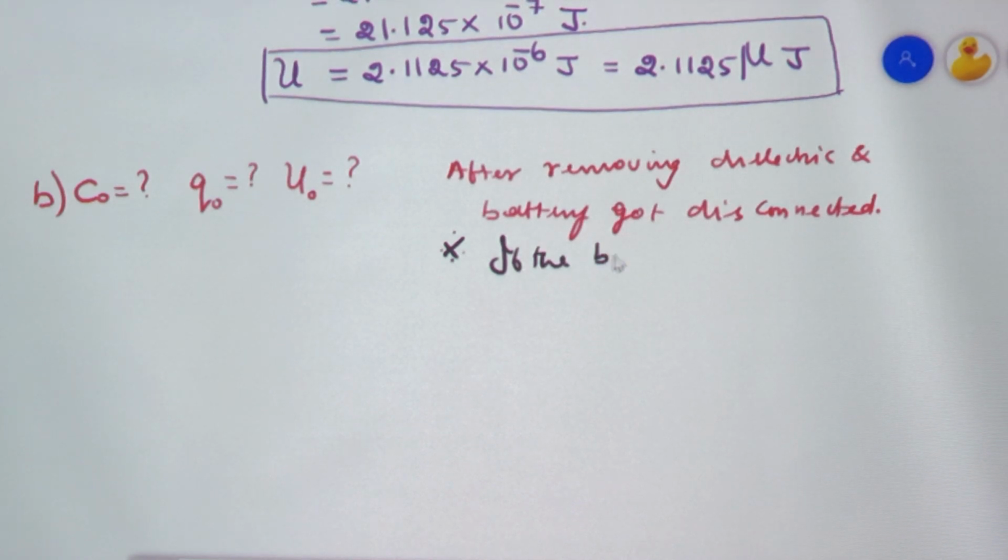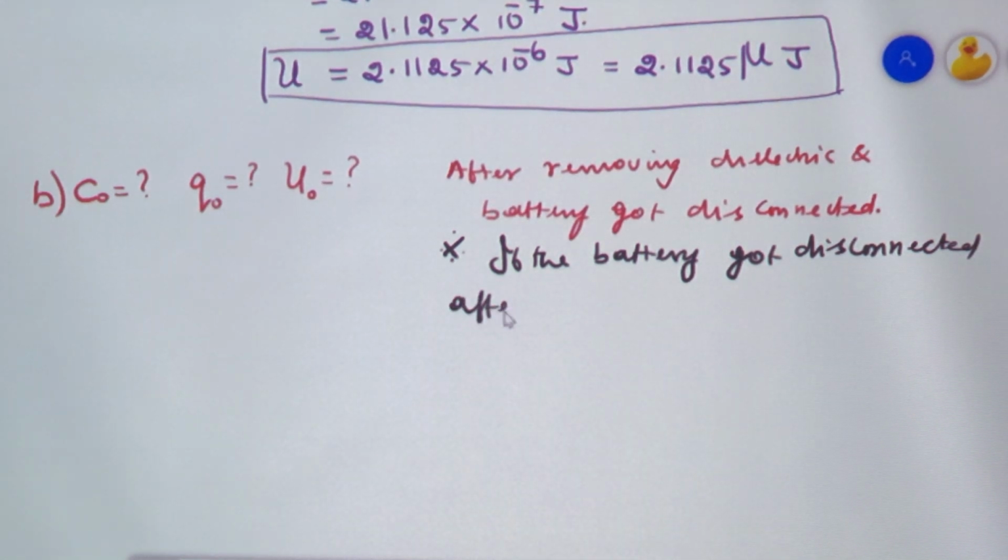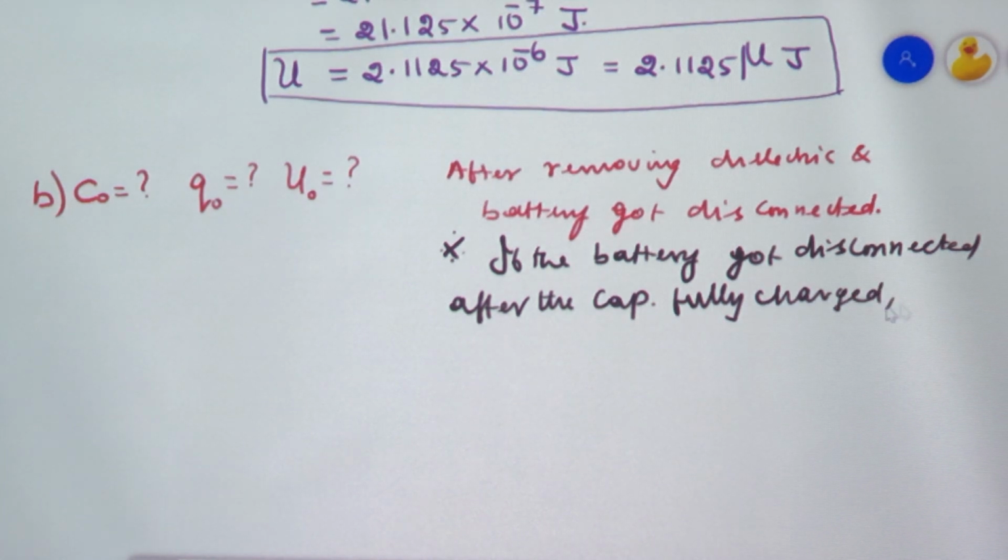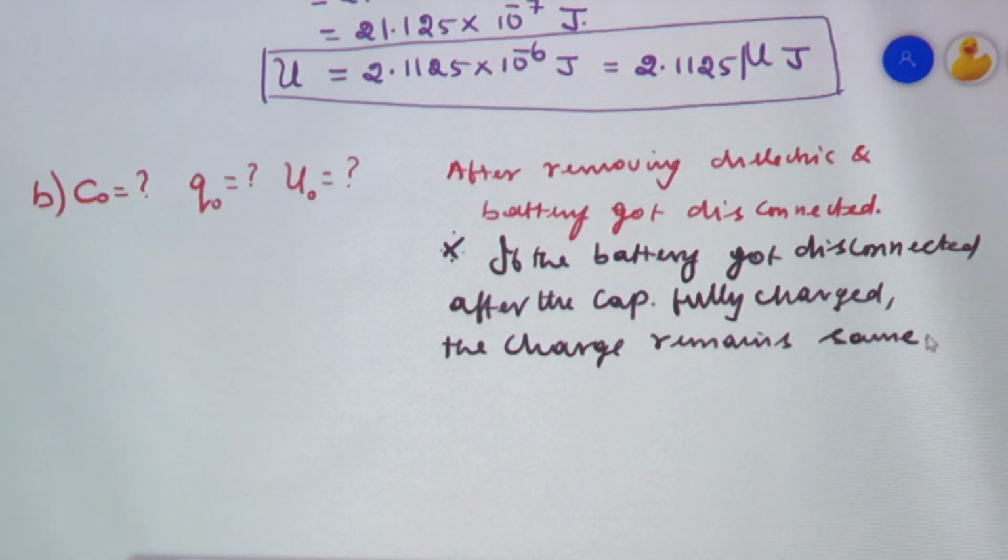If the battery got disconnected after the capacitor is fully charged, the charge remains same. Charge never changes. So I can say the answer Q0 is equal to Q.